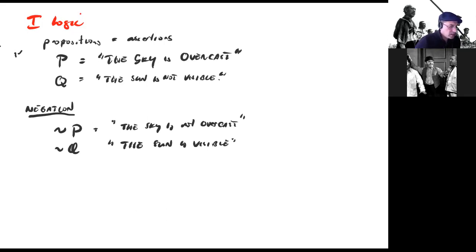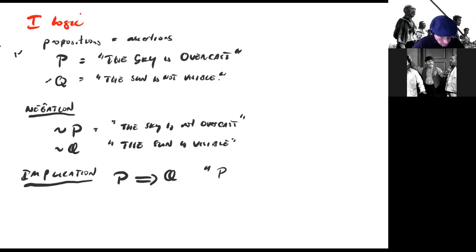Okay, so there's the notion of implication in logic, which is a statement you would write with a one-way double arrow, and this means P implies Q. This is a new proposition, which may or may not be true.